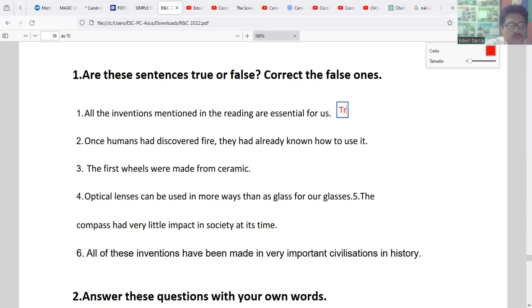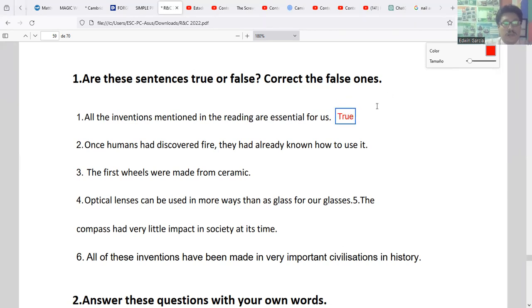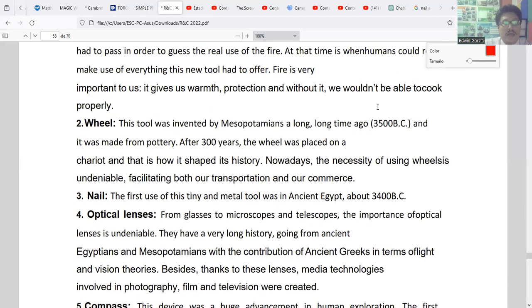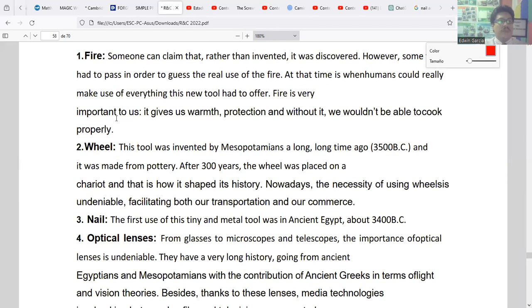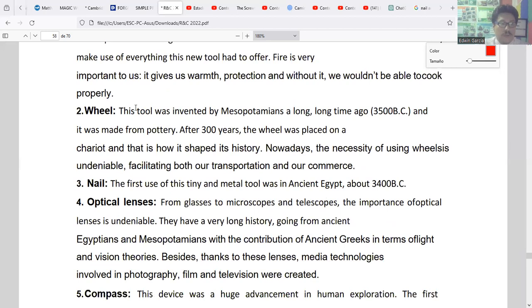We use all these, maybe not some of these specific for us, but for example, somebody can say, well, everybody use fire in our house because we need to cook. And we have cookers and we need, in this case, fire to cook the food.